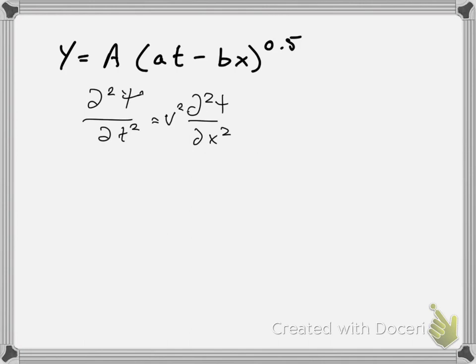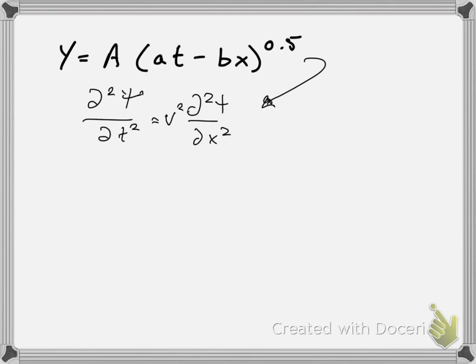The only way we can find the velocity is to solve for v when we plug the new function into the wave equation. And the book problem explicitly said, use the wave equation to determine the velocity. So you can't just assume that the velocity is going to be a over b or b over a, because it's not something that we know of as a wave.